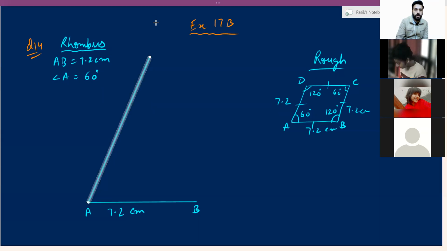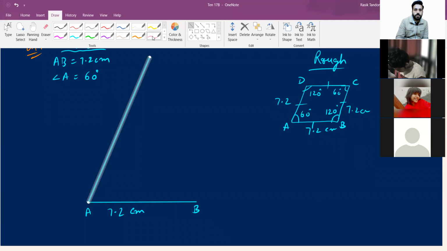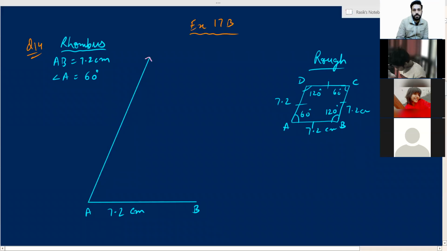Draw a very long line like this. So this angle is 60 degrees. I hope you all know how to do it. Draw an arc from point A and then draw this arc from this point without changing the radius. You all know it is a very simple thing. So 60 degree angle we have made using compass, and now the length of AD will be also 7.2.